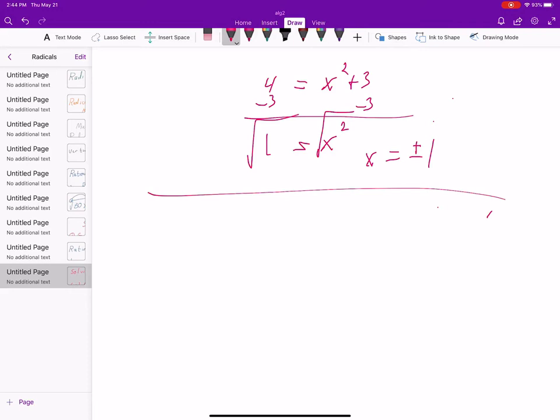Let's see. I'm trying to think of a few other things that I saw on that. That was the biggest part of it. If we have x plus 1 equals the square root of x plus 3, something like that. We're going to square both sides, and then we get x plus 1.